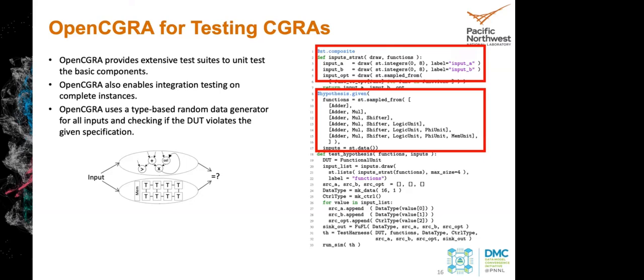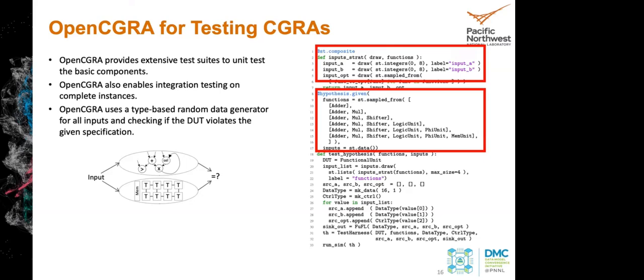This can significantly save the engineering effort in debugging. And as shown in the code, we can see that Hypothesis can automatically locate the minimum combination of the functionalities that cause the bug.